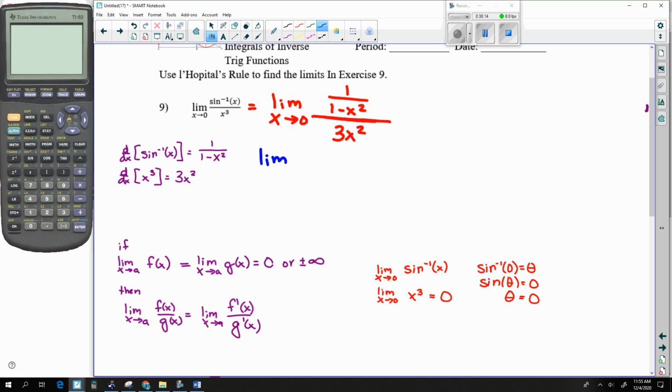The limit of the numerator is 1. The limit of the denominator is 0. Even though a 0 comes out of this, it's not 0 over 0 or some versions of infinity in both the numerator and denominator. So this ultimately is getting an answer of 1 over 0, which is infinity.